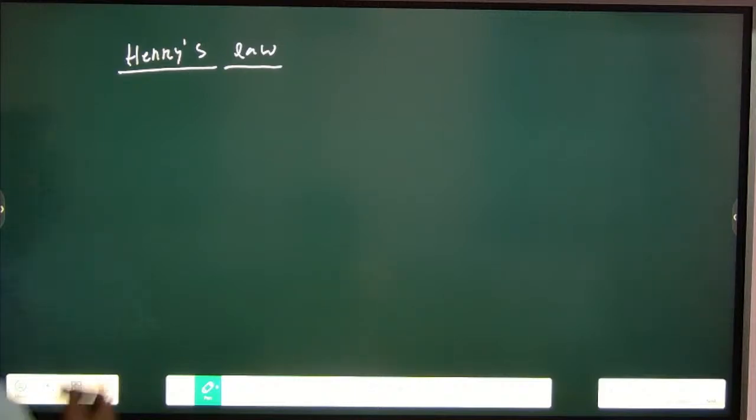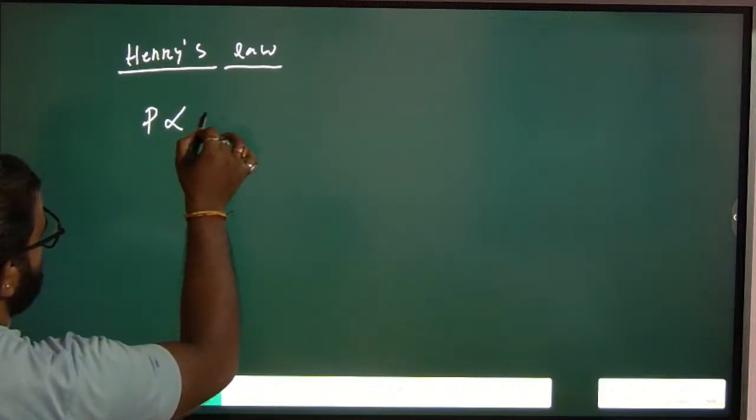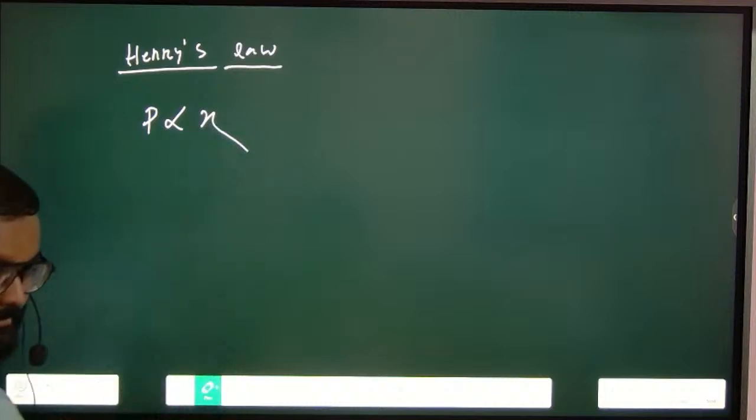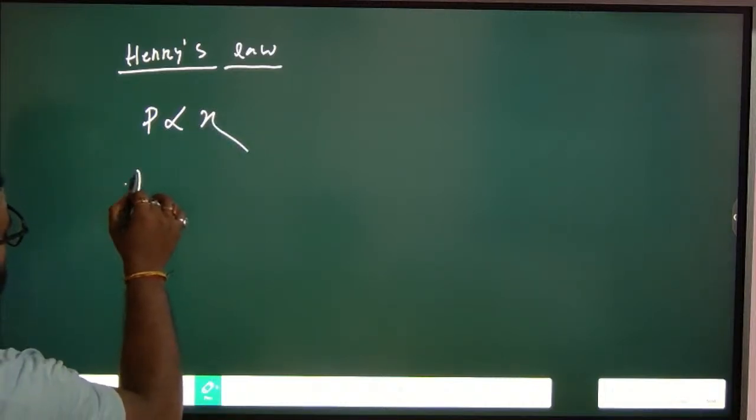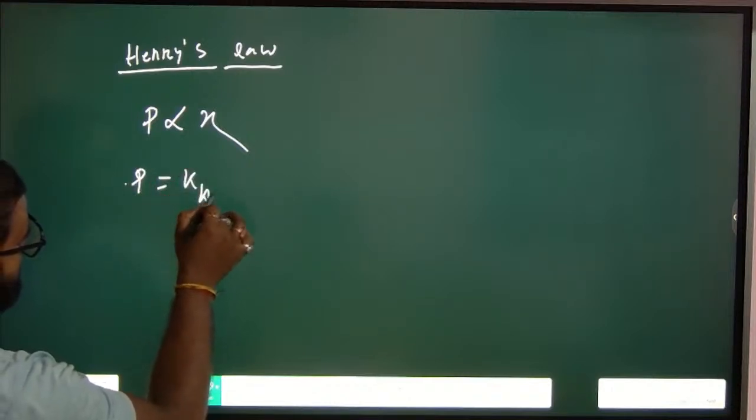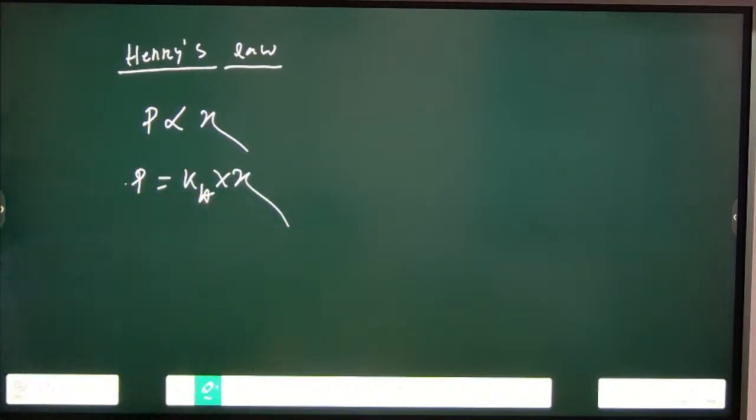The mathematical form is like that: P proportional to X or chi, whatever you can say, and P equal to KH into X or chi. Okay? Here KH is known as Henry's constant.